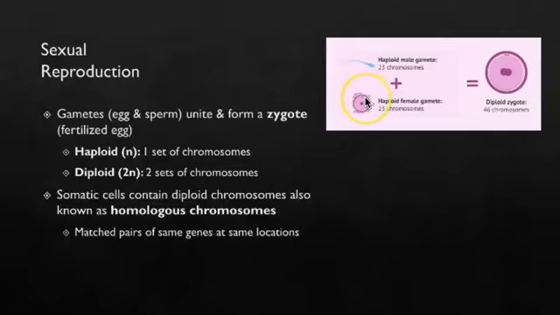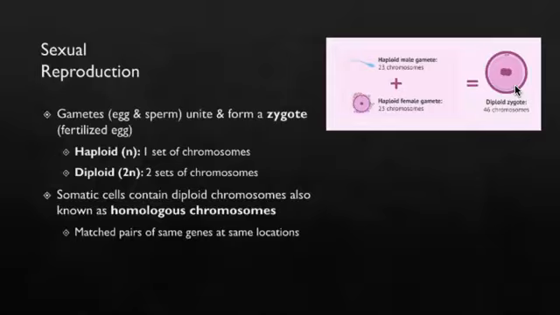We'll get more into the details of how this happens in A&P, but essentially the sperm cell will enter the egg, and then its genetic information will come together with the egg's genetic information, and we will have a zygote, which is our fertilized egg, and then we will have our 46 chromosomes. So at this point, it is a diploid.